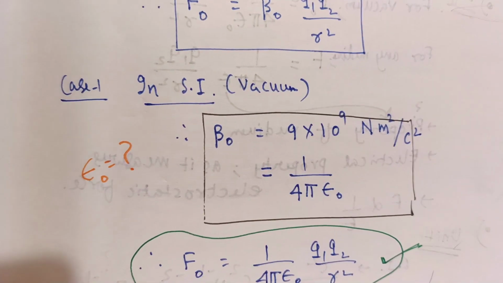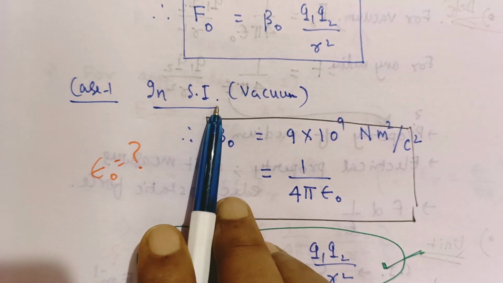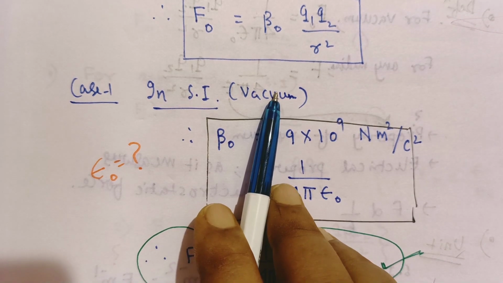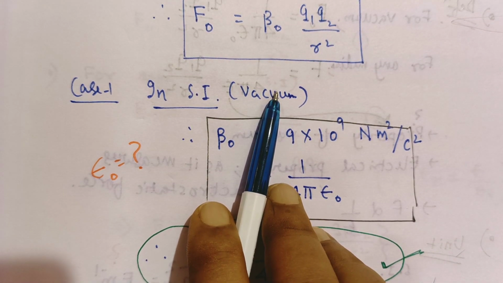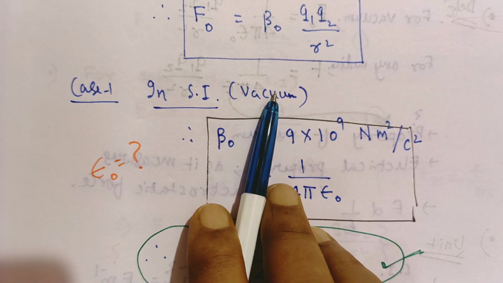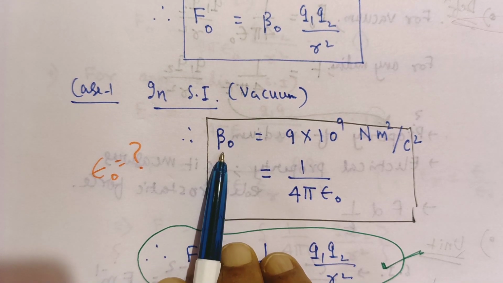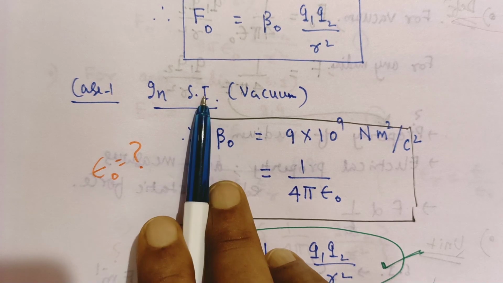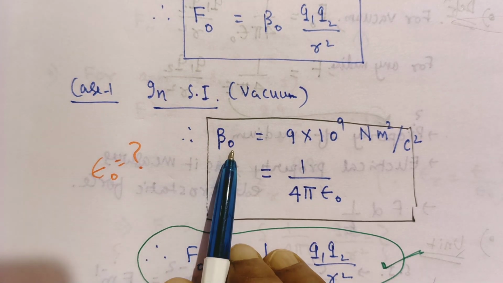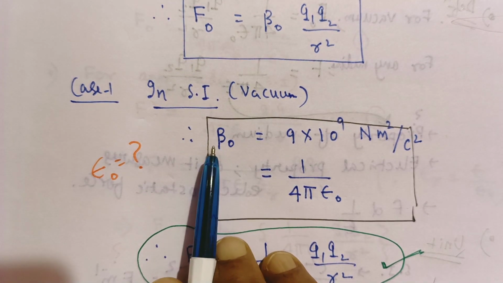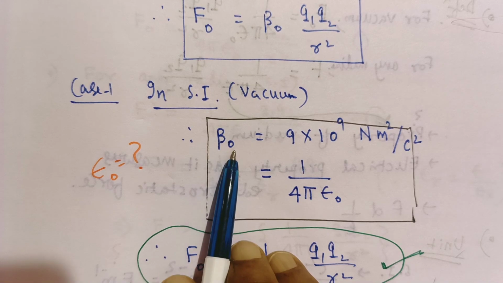First we write in the SI system. How will we write in the SI system and vacuum? Before writing the expression, you should remember the value of the proportionality constant in vacuum in the SI system. In exams this always comes: write the value of beta 0.